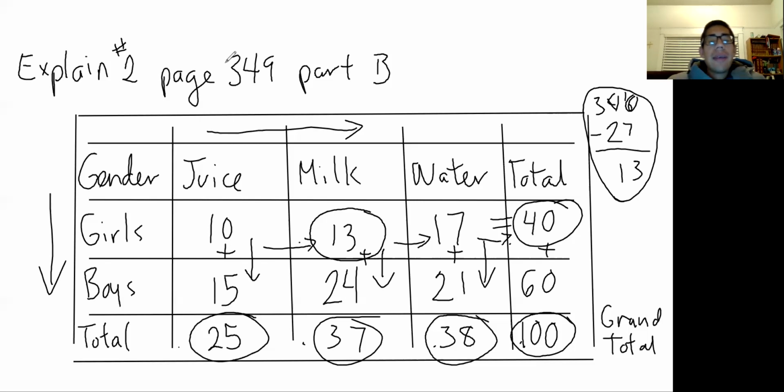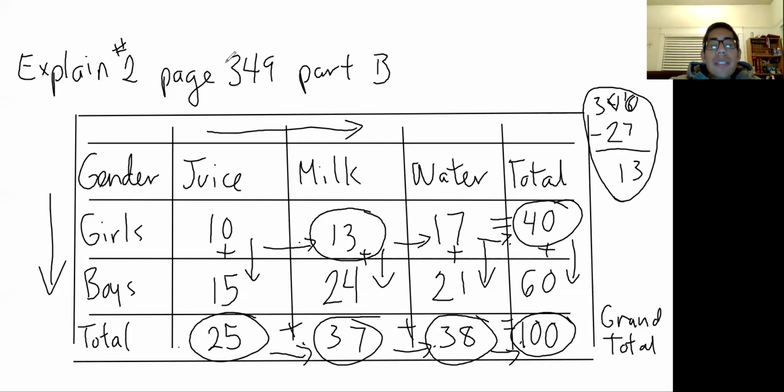Okay, so now the last thing that we need is to make sure that all of our totals add up. If we did this right, we should be able to add up 40 plus 60, right? To get 100. We know that that's true. We should also be able to add up on our side, right? Add this, add that.